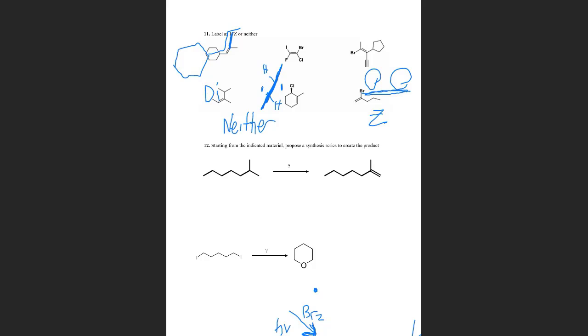So how do we get the Hofmann product? The Hofmann product does need a bulky base. If you remember, E1 is almost always going to get our Zaitsev product. We can rearrange. We're going to do E2.